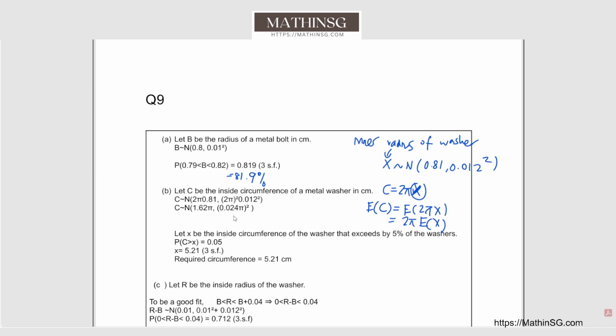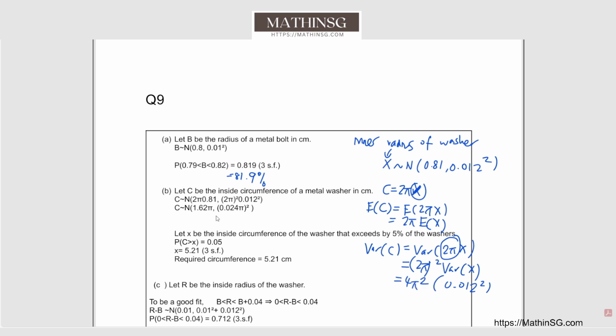Okay, now I need the variance, right? So the variance of C is equal to the variance of 2 pi x, and 2 pi is a constant, so if I want to bring it out, it will be equal to 2 pi squared times variance of x, and variance of x is 0.012 squared.